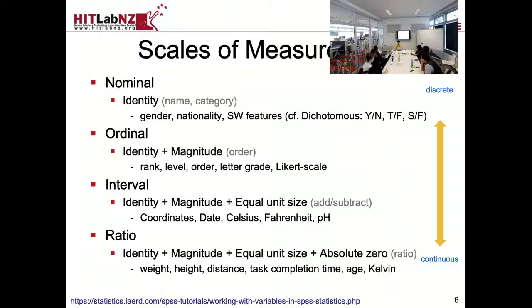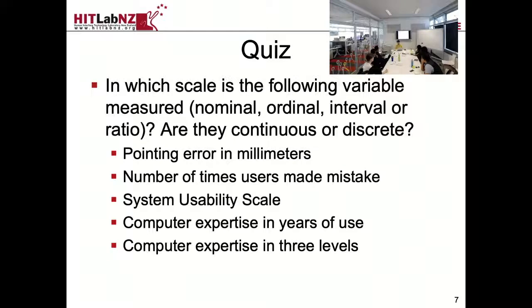So when we measure weight, height, distance, completion time, age, this kind of thing, we could say that it's a ratio. So let's come back to here again. Pointing error in millimeters. What is that? Ratio, great.